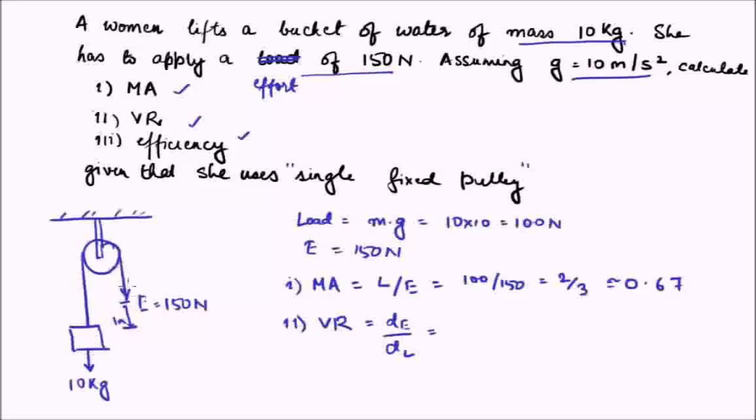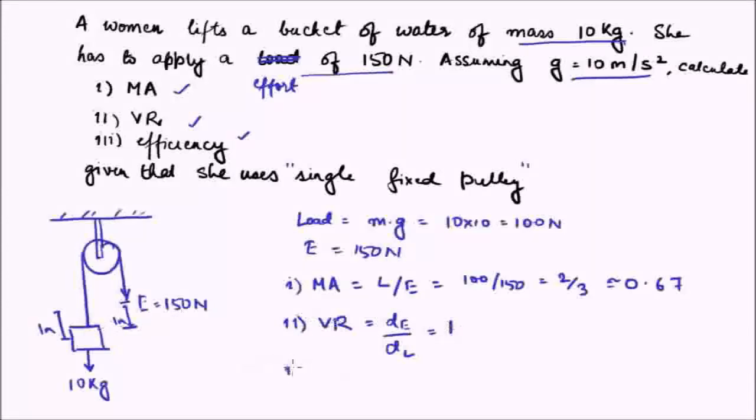Obviously, since the whole rope is a continuous rope, 1 meter over here will lead to a movement of 1 meter of the load in upward direction. So we see that the effort and load move by equal distance. Therefore, the velocity ratio will turn out to be 1.